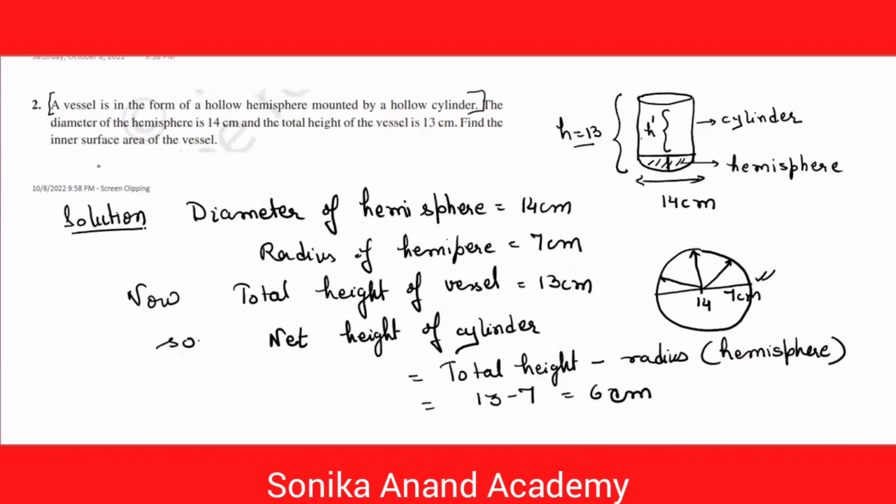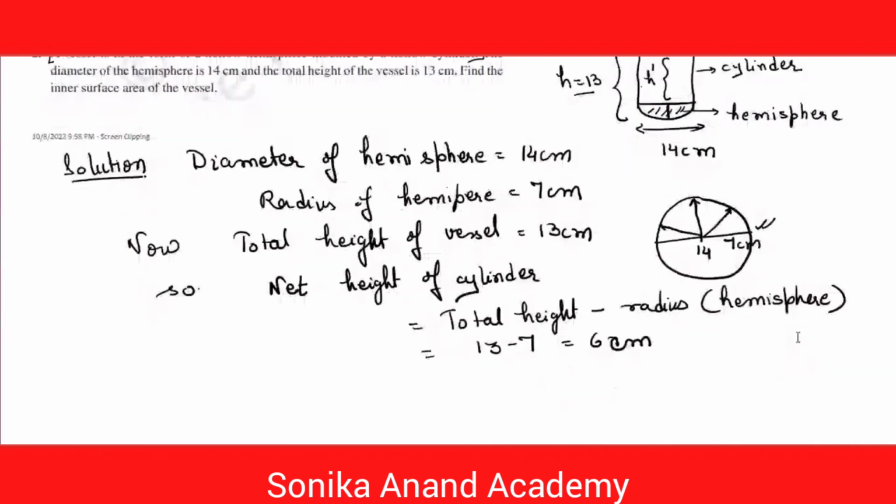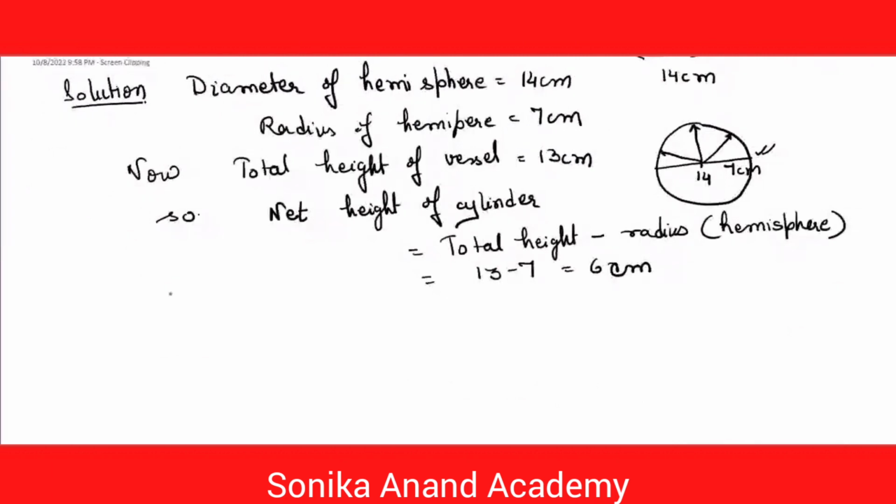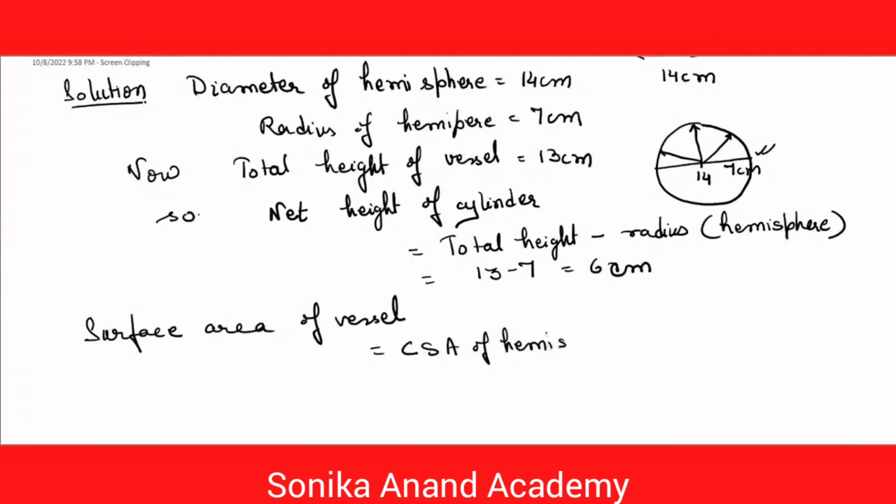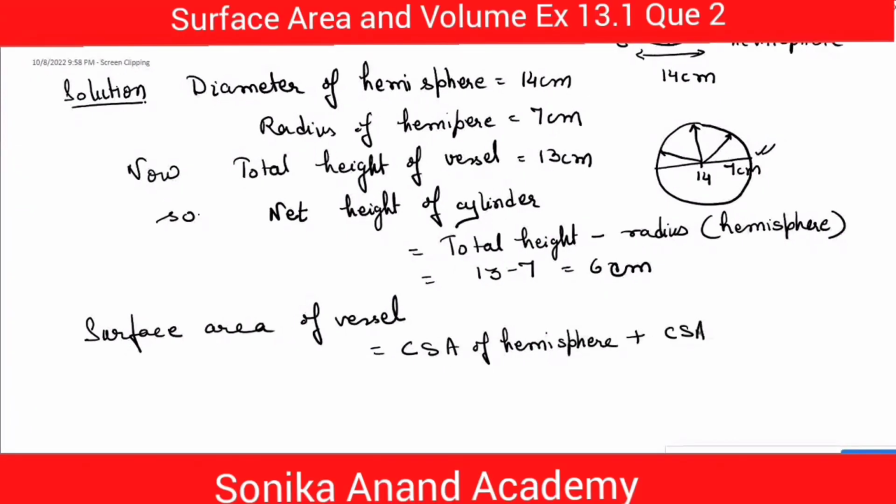Now find the inner surface area of vessel. That means we have to find the surface area of vessel. So that means surface area of overall figure is the curved surface area of hemisphere plus curved surface area of cylinder.